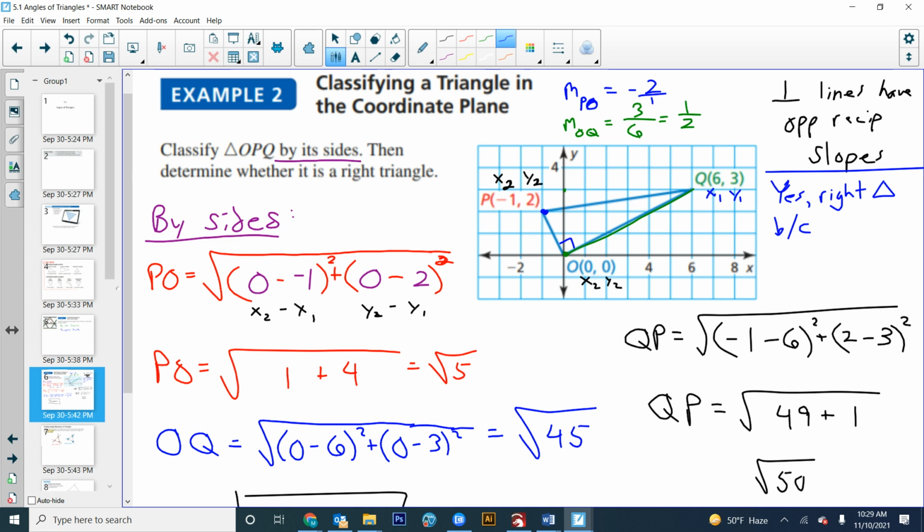Because the slope of PO and the slope of OQ are opposite reciprocals.